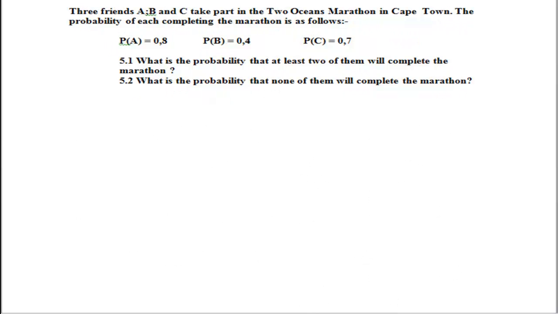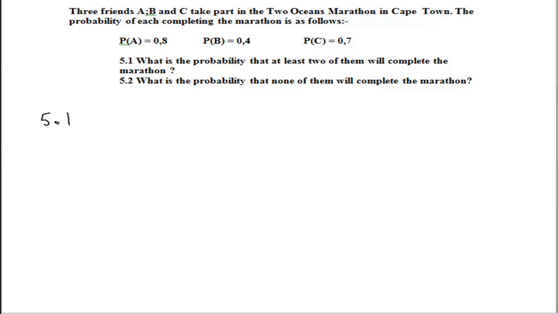This is number 5 on page 93, and here we are saying that 3 friends take part in the Two Oceans Marathon. The probability of each one of them completing the marathon is given.